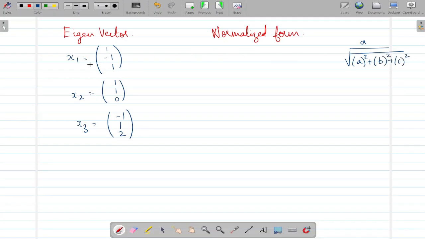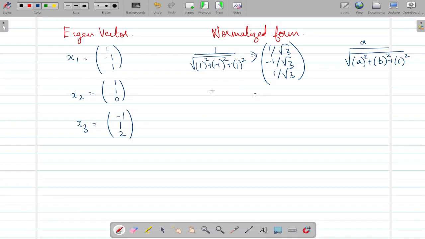Now let us do this with the eigenvectors. You take the first element, then root of 1 square plus minus 1 square plus 1 square, you get 1 by root 3, then minus 1 by root 3, then 1 by root 3. Same method you do for x2 and x3.